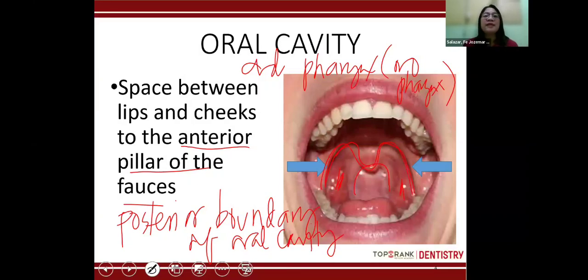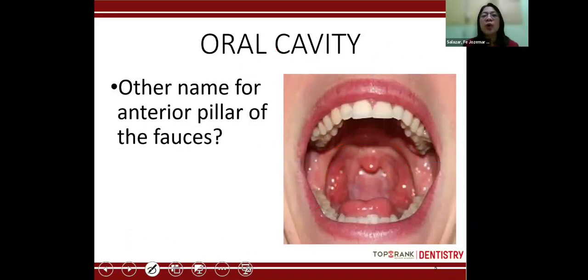Now, I always emphasize this, that whenever you are studying, you have to know other terminologies, kasi a structure may have one or two or more terms that relate to it.